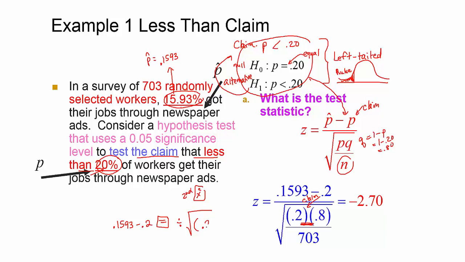Inside type 0.2 times 0.8 divided by 703 and then close it off. Notice inside I'm not using the parentheses at all. I'm using my times sign for the product and then automatically dividing by 703. Press equals. Since this is a z, z's always round to 2 decimals. So this is going to give me a z value of negative 2.70.